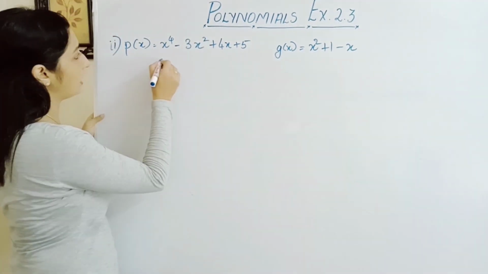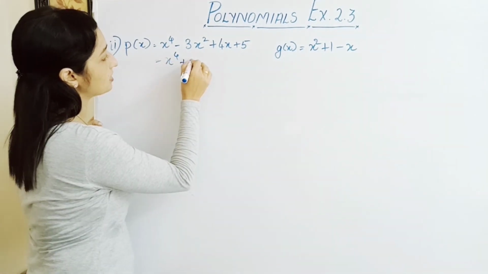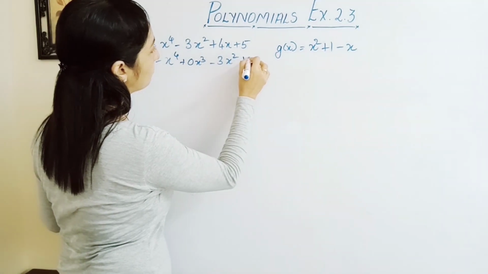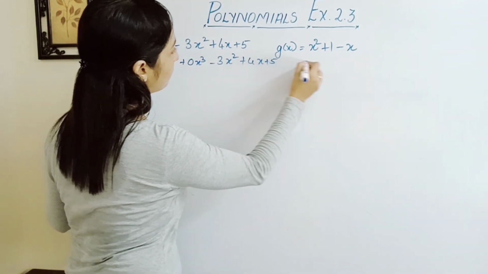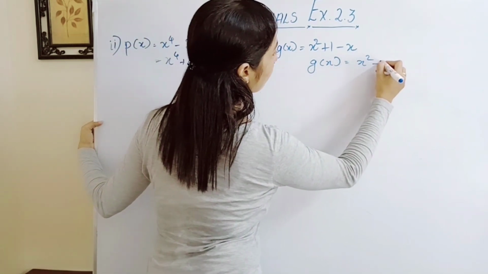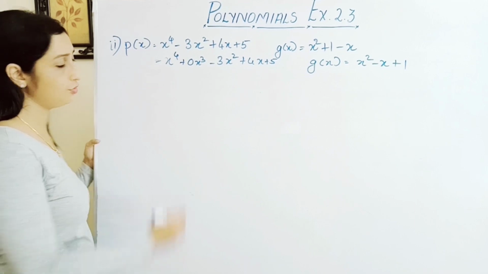So how do we do that? We get p of x is equal to x raised to 4 plus 0x cube minus 3x square plus 4x plus 5, and g of x, you get it as x square minus x plus 1. So now let's start our division.